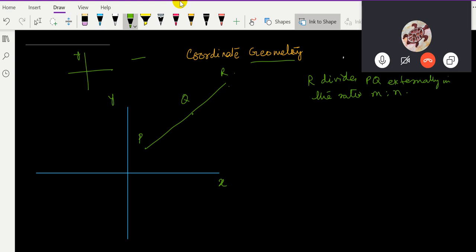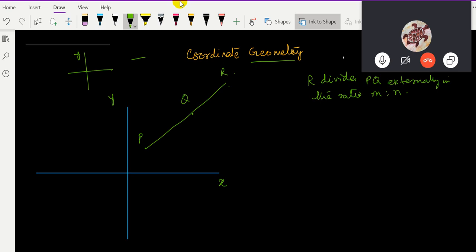Now, what does this mean? R does not lie on the line PQ, so if we extend PQ, R divides it into the ratio m is to n.